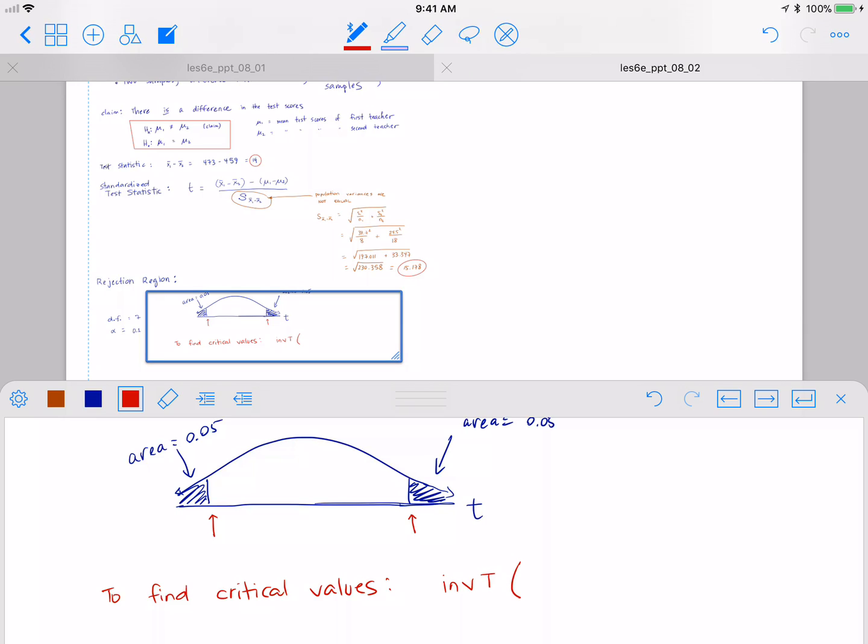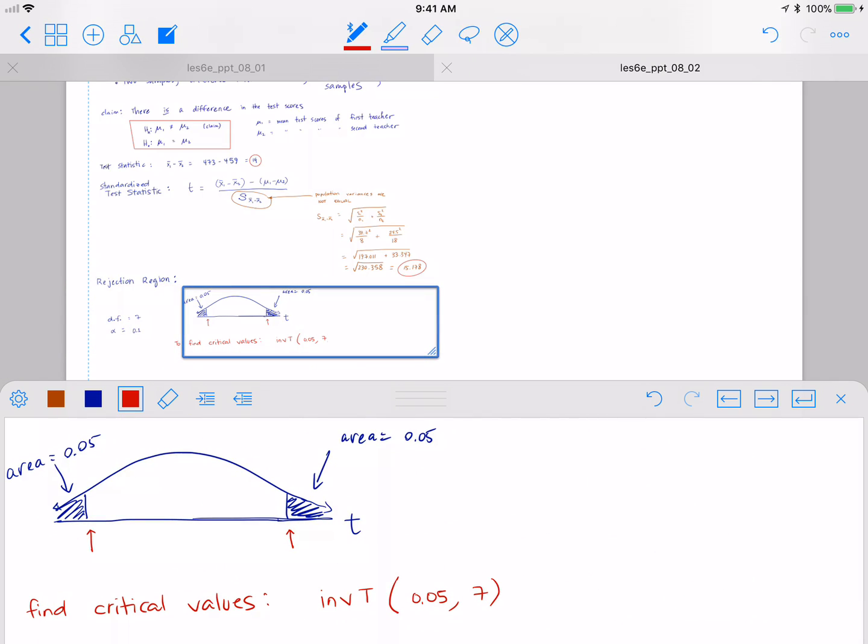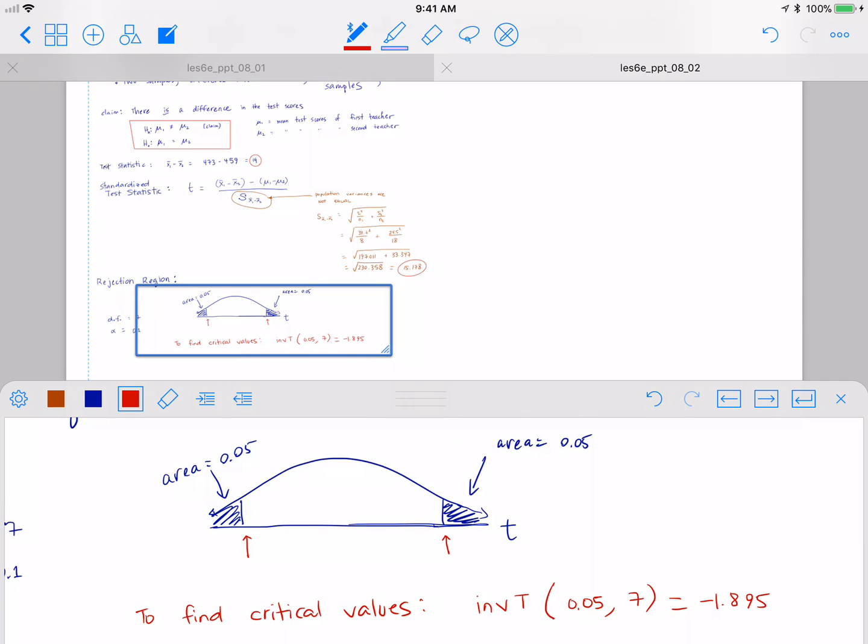We need to put in the area, which is 0.05, and the degrees of freedom, which is 7. That will give us negative 1.895. So we can go ahead and label our little graph here, negative 1.895, and the other critical value is 1.895.